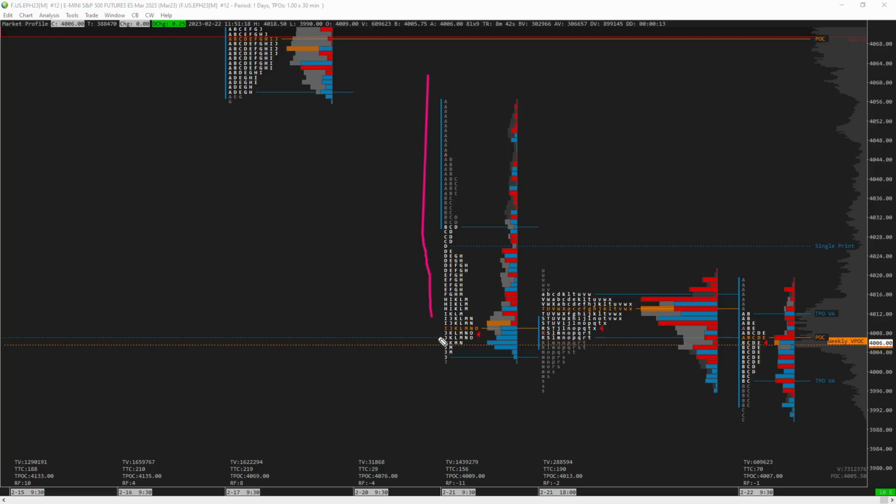Each one of these are profiles. Each session, whether it be overnight session, as we have right here, or cash session as we have here, regardless, they're profiles. Each session has its own market profile. So we look at the tops of the profiles, the bottoms, value area lows, value area highs, points of control, and this helps us figure out whether we're trading in balance, maybe trading out of balance.